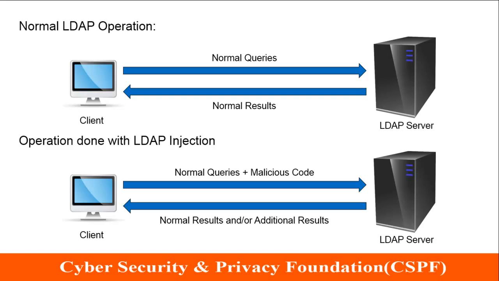But then in the operation done with the LDAP injection, we could see that from the client to the LDAP server there is a normal query plus the malicious code that is being sent over, and in result the client receives the normal result and/or the additional result that is the result of the malicious request that was made to the LDAP server.